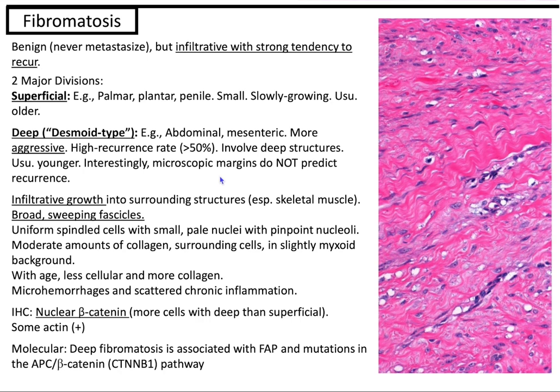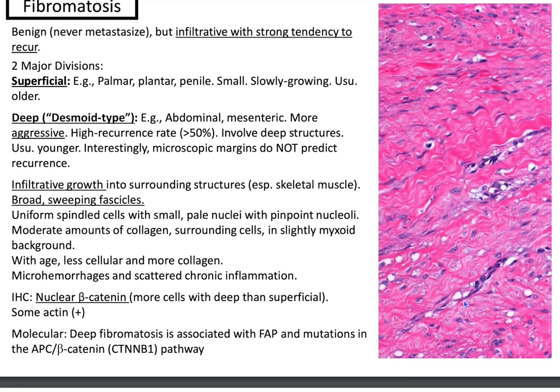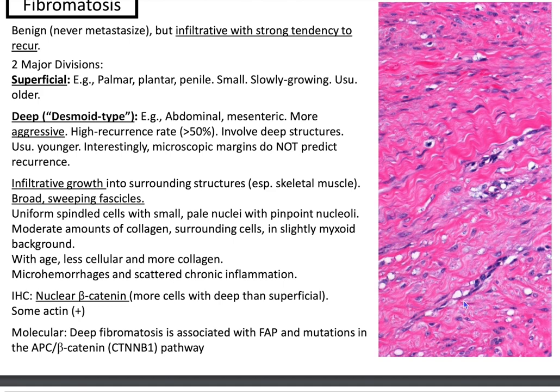It has infiltrative growth into surrounding structures like skeletal muscle, broad sweeping fascicles, and you'll have these uniform spindled cells with small, pale nuclei with pinpoint nucleoli, moderate amounts of collagen surrounding cells, and a slightly myxoid background. To help you diagnose this, you get a beta-catenin, and it should stain aberrantly nuclear.